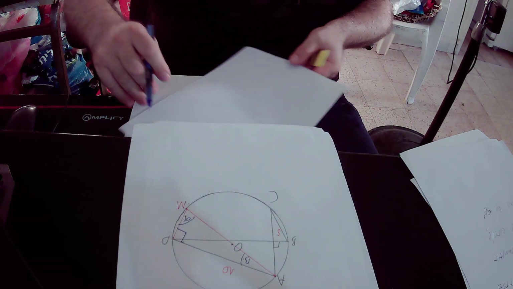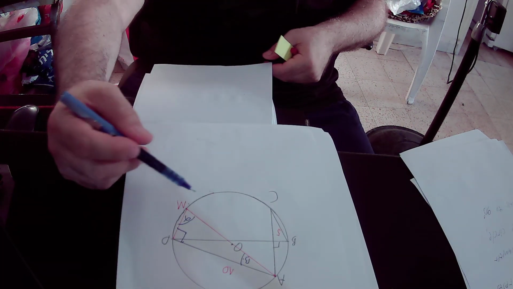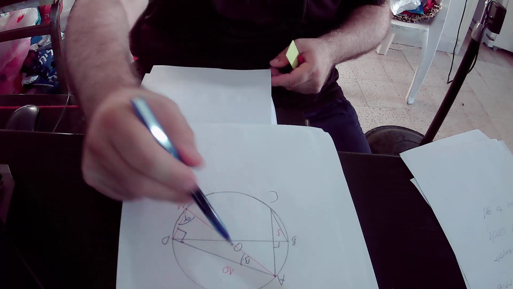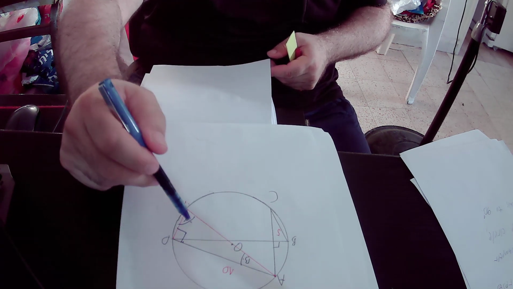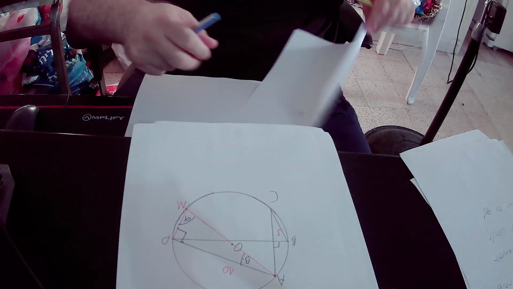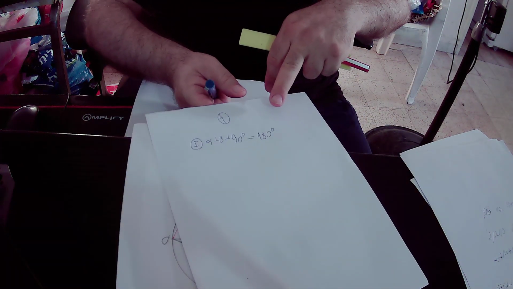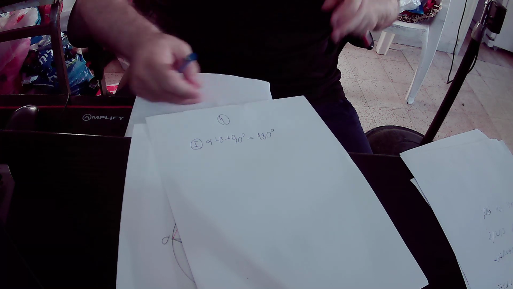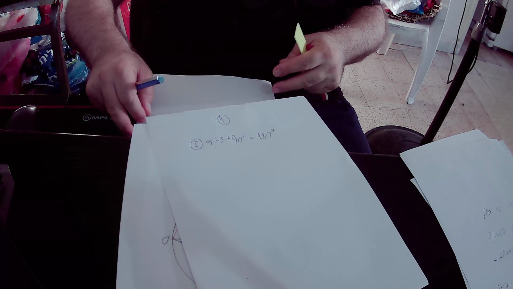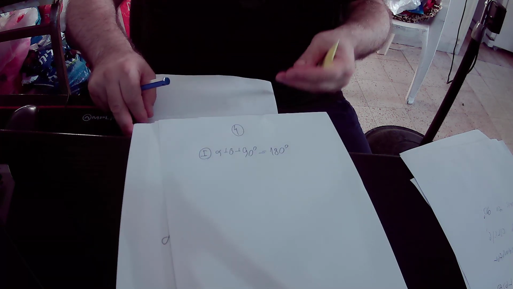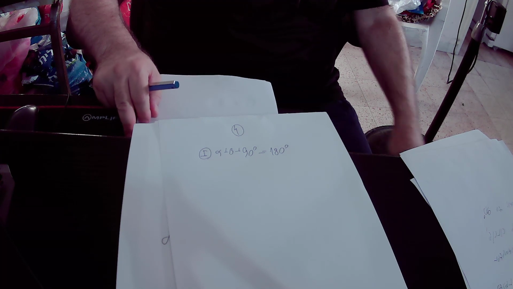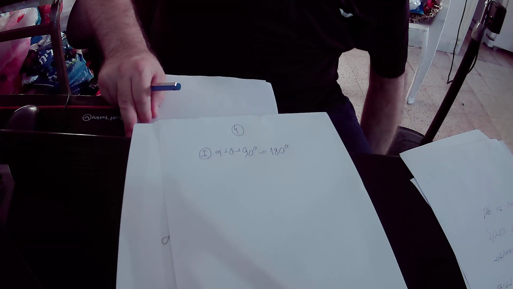As you can see from the drawing, the sum of the angles equals alpha plus beta plus 90 degrees, and it is equal to 180 degrees. Okay, now we will subtract 90 degrees from equation number 1.